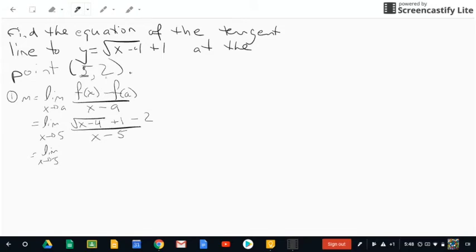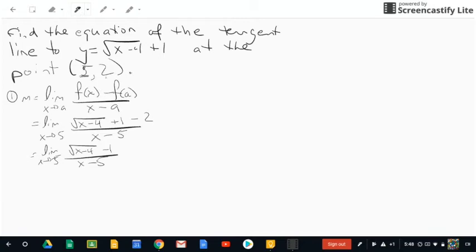That's going to be the limit as x approaches 5 of the square root of x minus 4 minus 1 all over x minus 5. Now, if we plug 5 into this, we get the square root of 5 minus 4, which is the square root of 1, minus 1 is 0, over 5 minus 5 is 0. So this is an indeterminate form.